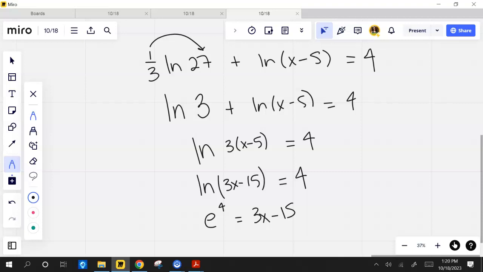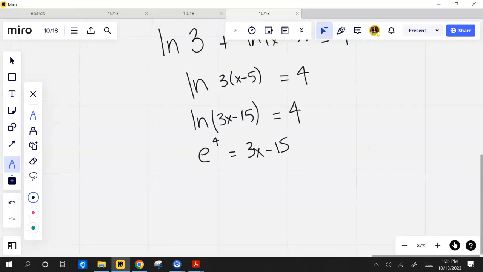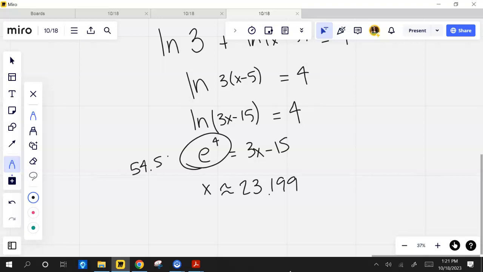E to the fourth is 54 point something. And then when you add 15 and divide by 3.